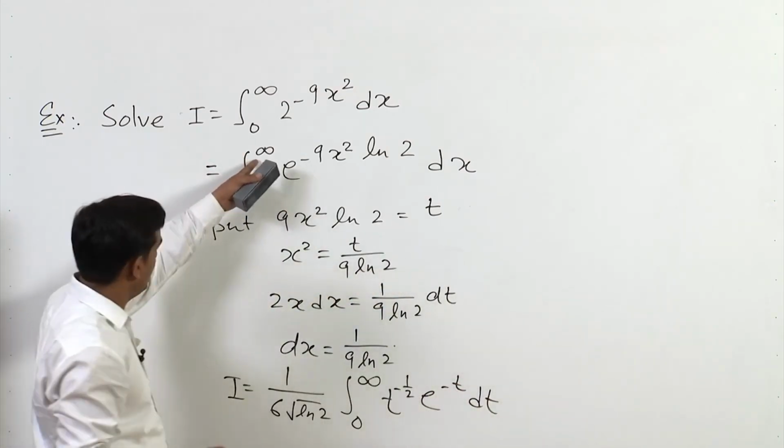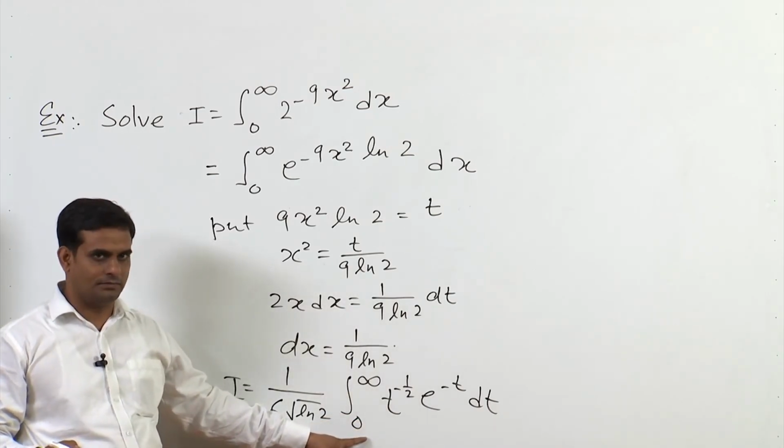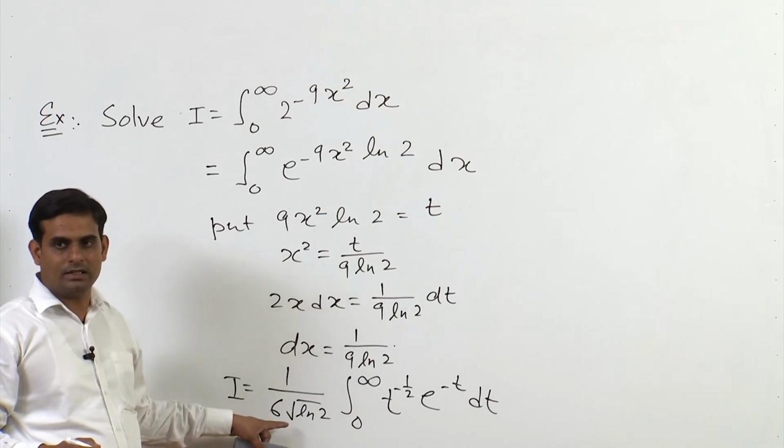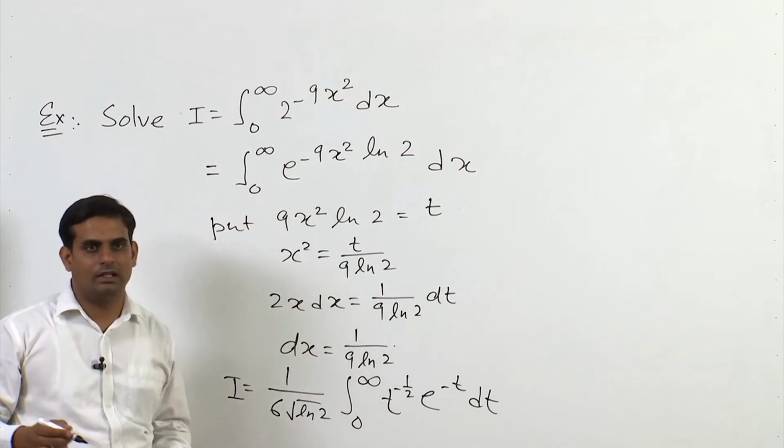So, this integral can be written in this form, and you know it is gamma half. So, root pi upon 6 square root ln 2 will be the value of this integral.